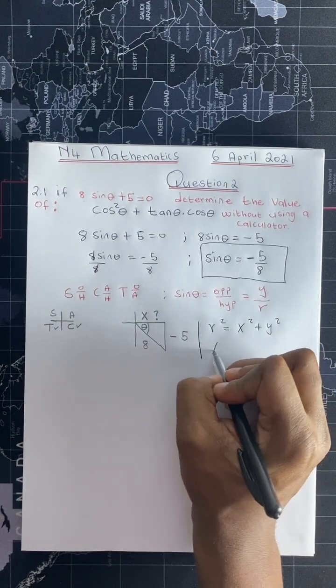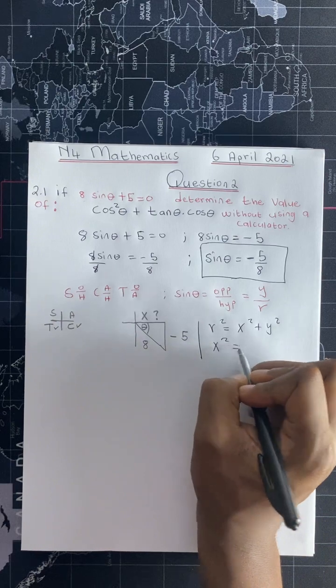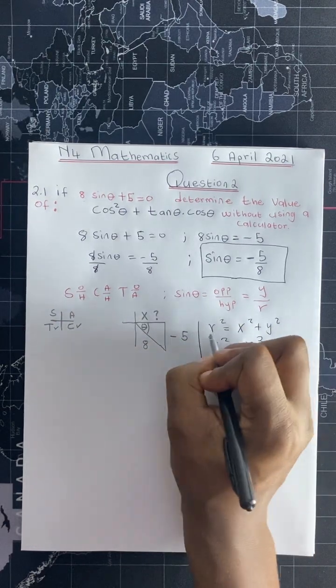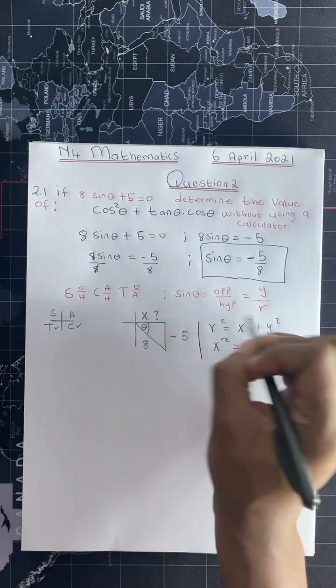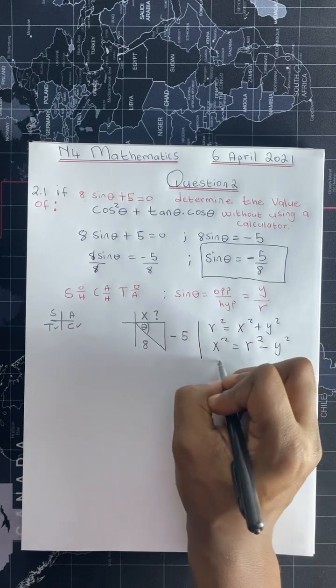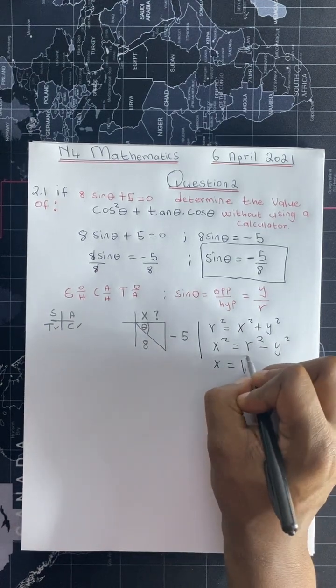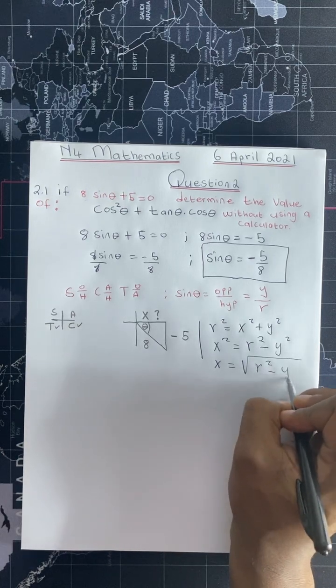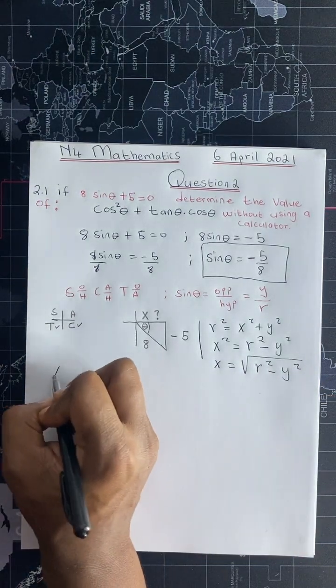We make x squared the subject of the formula by taking this y squared to the left. So x will be equal to the square root of r squared minus y squared.